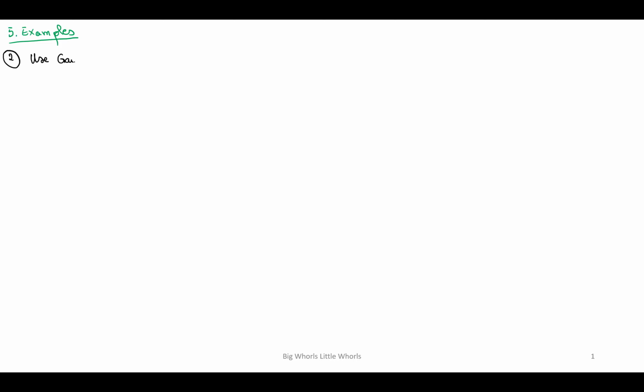So use Gauss's method to decide on the type of solution of the following system.